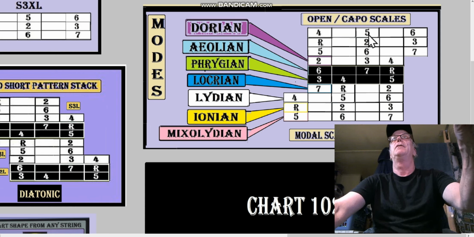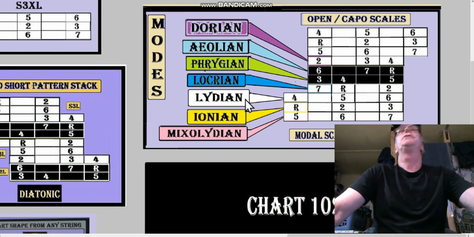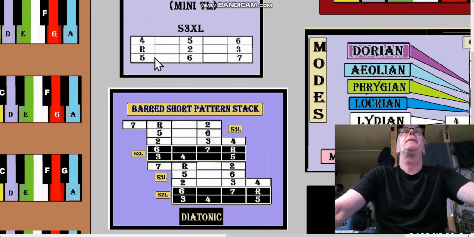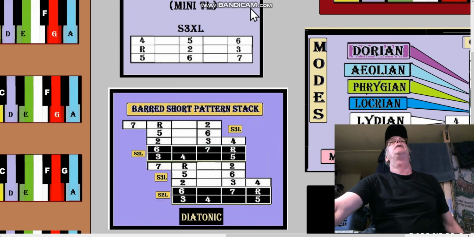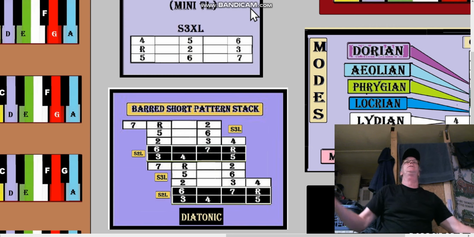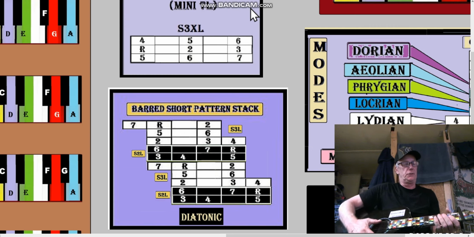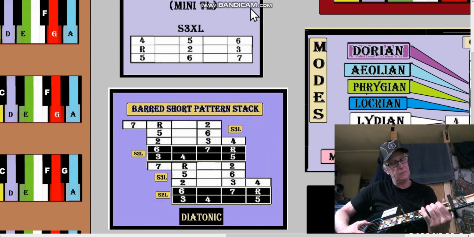All right, 5, 6. In other words, you do this pattern here, and there are just don't plays in it. Don't play the 4, don't play the 7. So you can do a pentatonic like that. 5, 6. You get the whole root 2, 3, and then 5, 6. That's pretty easy to remember, right?